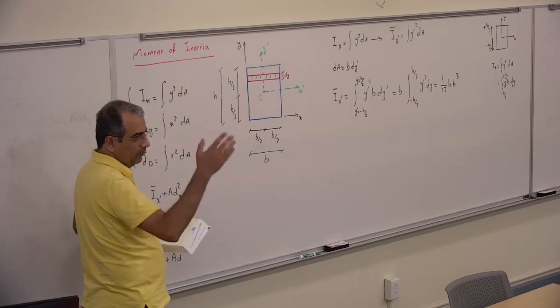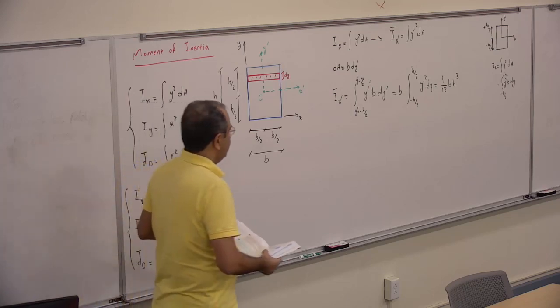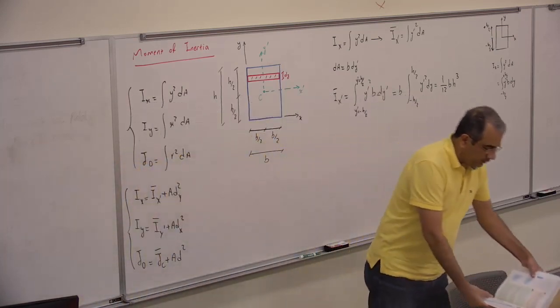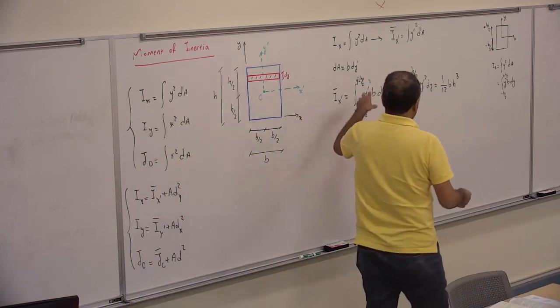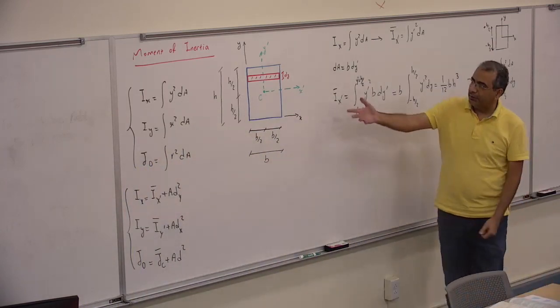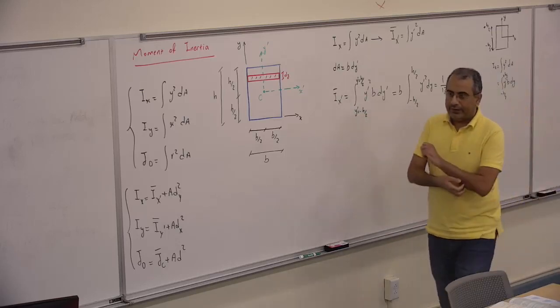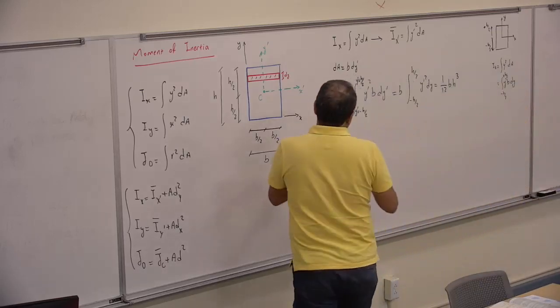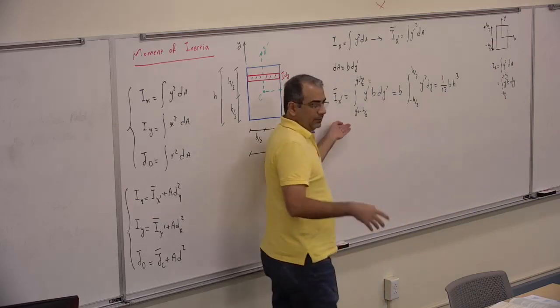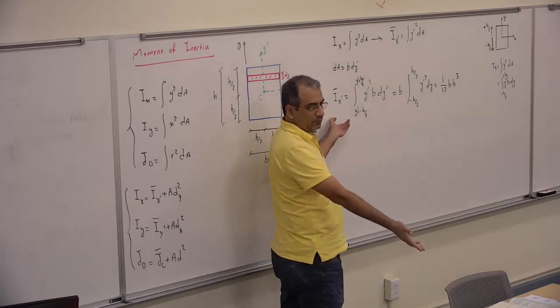We know how much the I through the centroid is. This time we calculated it, but because it's a non-geometrical shape, we just refer to the table to get that value. Now, assume it's known, given to us in the table.